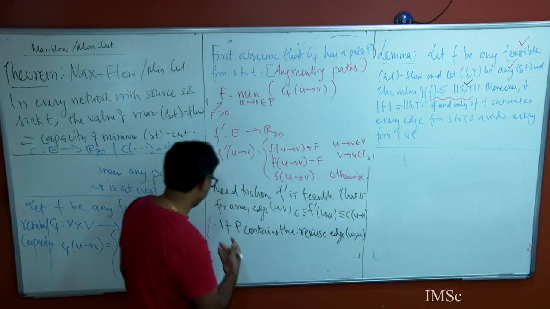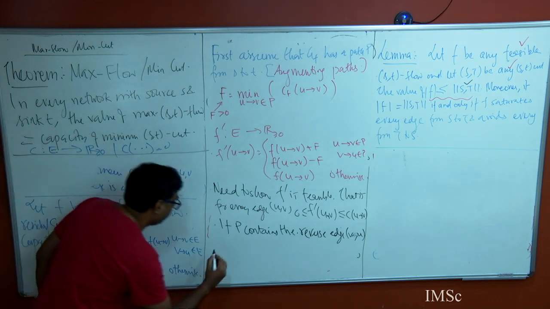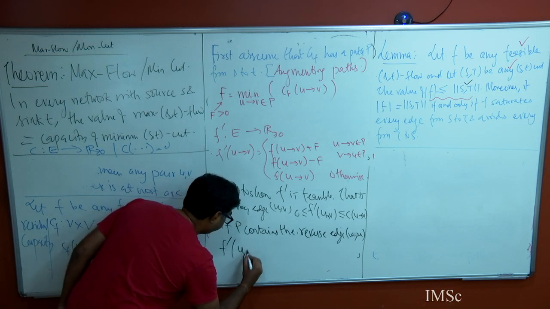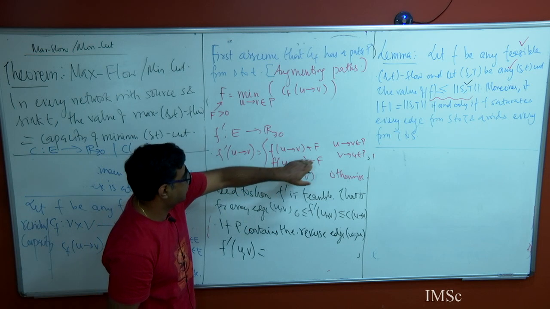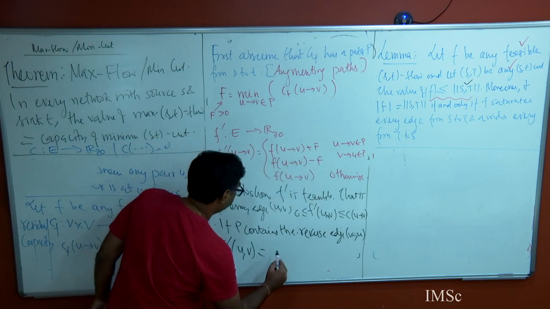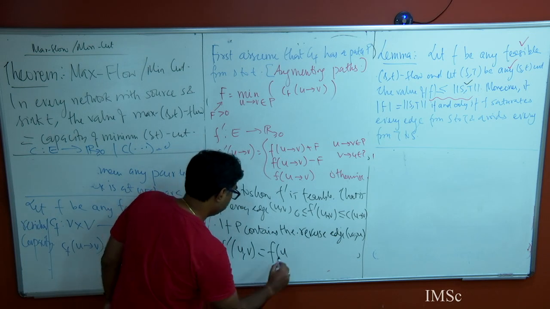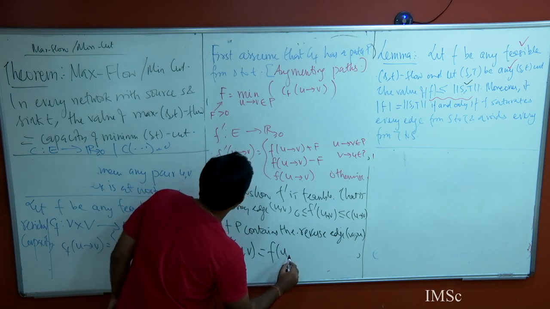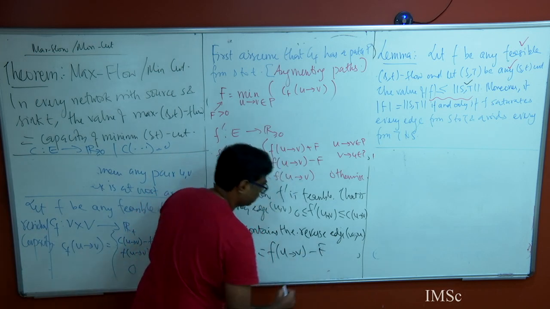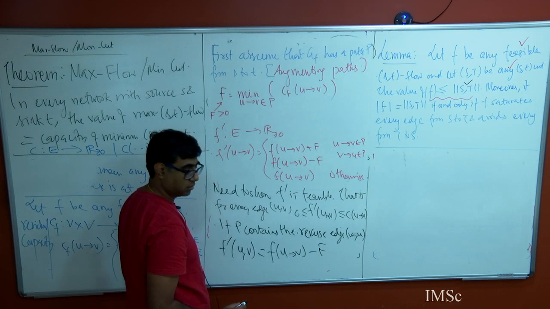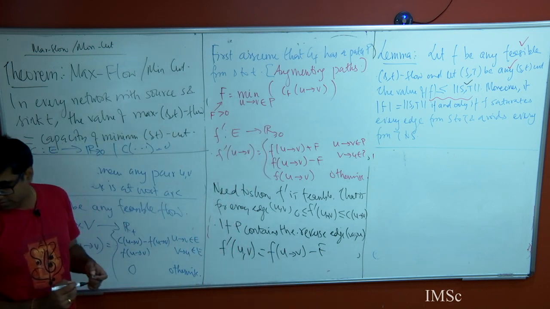So now let's see what happens. What is the definition of F prime UV? Then the definition of F prime UV, if it contains the reverse, is F of UV minus F. What is this?